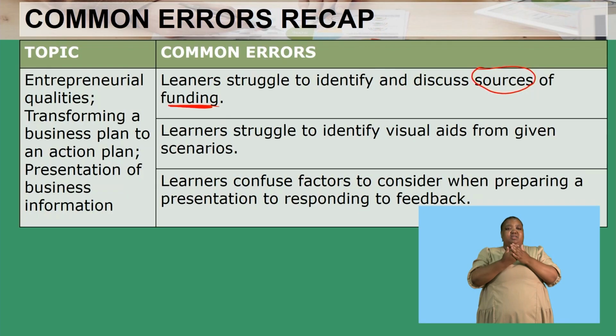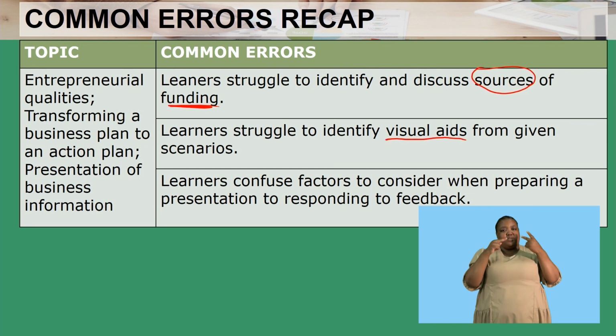It is also possible that you might have a challenge in identifying the different visual aids from the scenario. Again, grade 11s, the only way for you to identify correctly is if you familiarize yourself with the different visual aids that are used in grade 11.